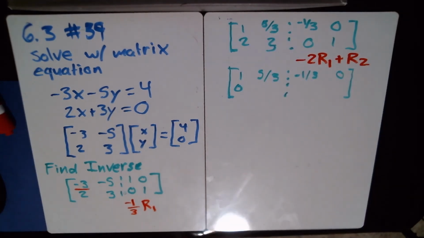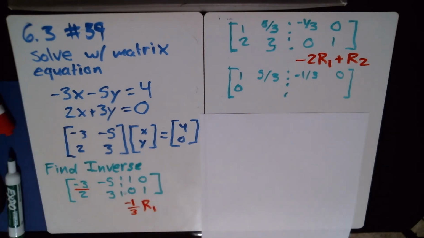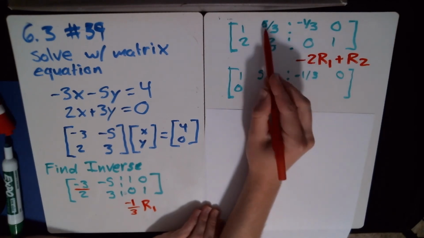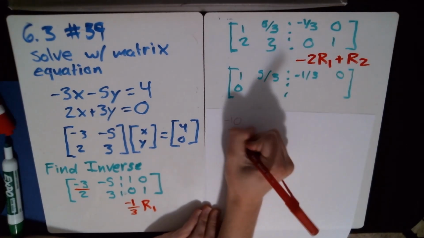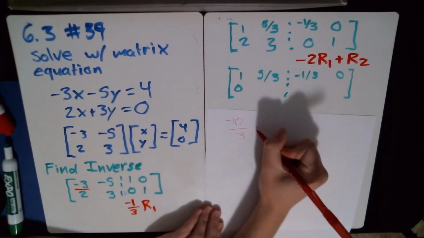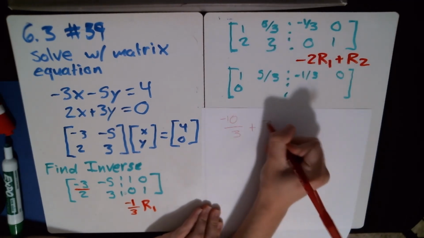So this is where life gets fun, right? So maybe just on a separate paper, if I have one, let's just work out what that is real fast. Okay, so I was doing negative 2 times 5/3 is negative 10/3, and then we're going to be adding it to 3.